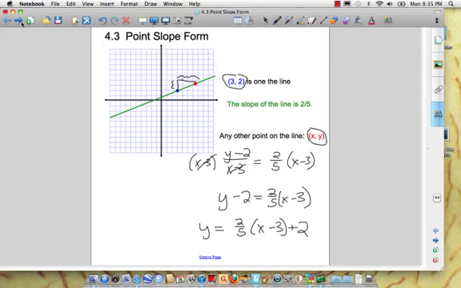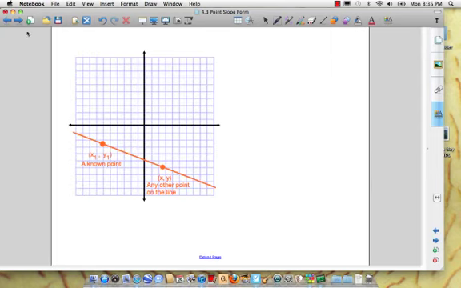All right, it turns out we can use this same thinking in general to find the equation of any line if we know one point on the line and the slope of the line. So in this case, what we know is that (x1, y1) is on the line.